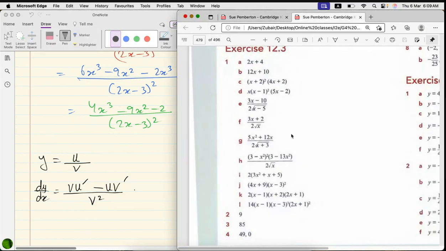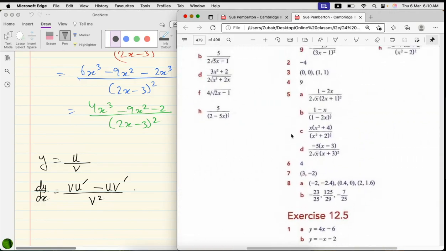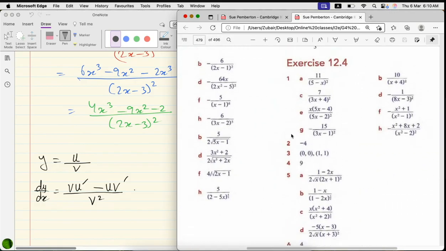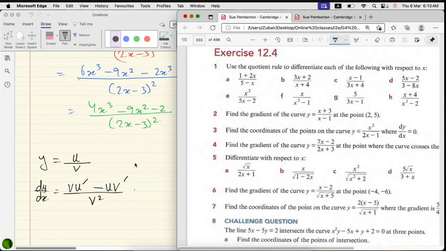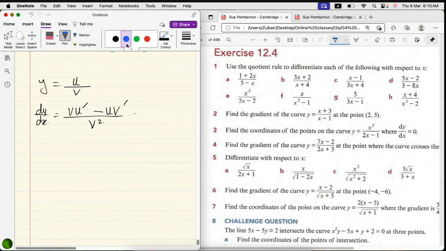12.4 number one. That's just applying the quotient rule, not the answer. Now the questions are increasing in length and it's hard to just solve without writing.